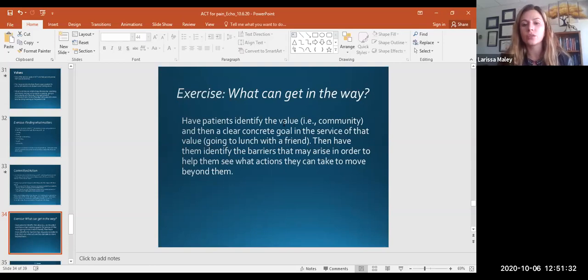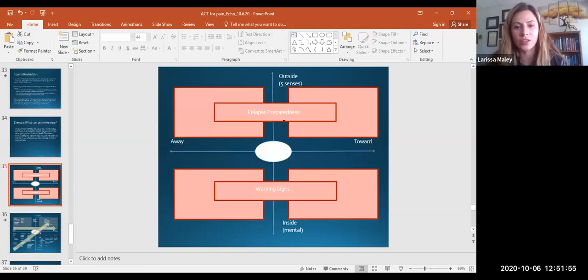And then you have them list any barriers that could arise that they need to have a plan for to continue to take that step, to move them beyond. It's almost like high risk prevention. You're having them think through what concrete thing they are going to do in the service of that value, and how they are going to not fall into the pit of avoidance, right? How are you going to not fall into those things?